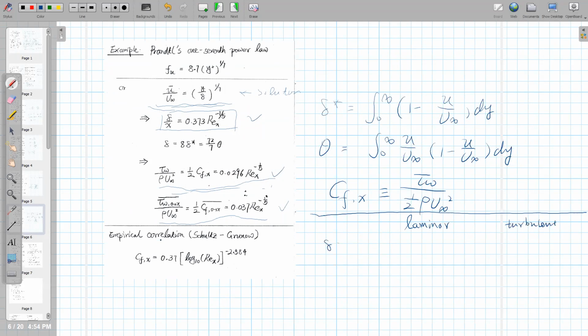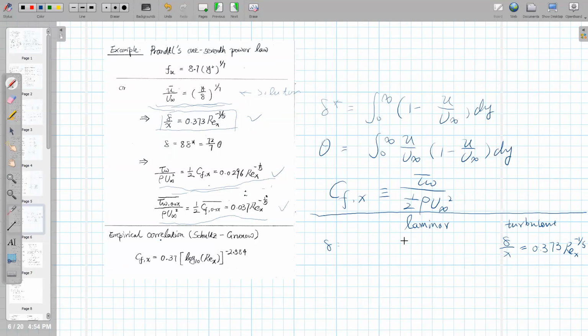for delta, for the turbulent one, we have delta over x equal to 0.373 Reynolds number x to the minus 1 over 5, right? So this is the Reynolds number, and this is the boundary layer thickness in the turbulent flow.